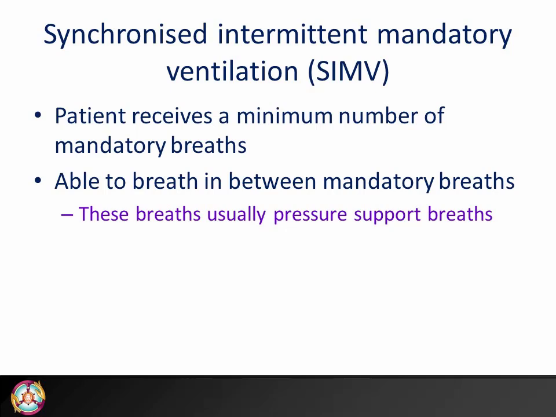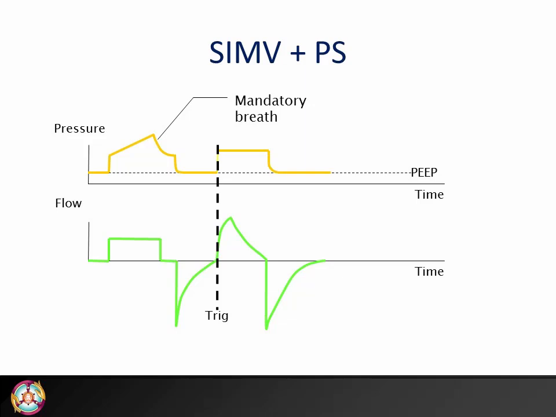In SIMV, the patient receives a minimum number of mandatory breaths, but is also able to breathe in between these mandatory breaths. These additional breaths are usually pressure support breaths. Unlike assist control, in which every breath is the same, in SIMV and pressure support, the patient receives two kinds of breath: mandatory breaths and pressure support breaths.